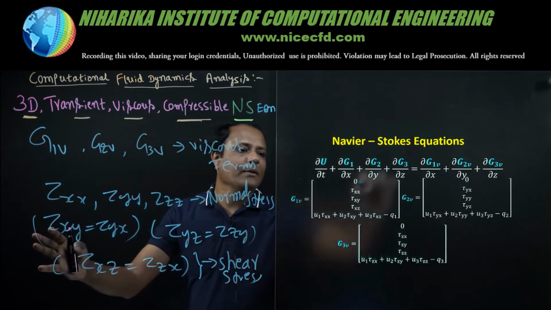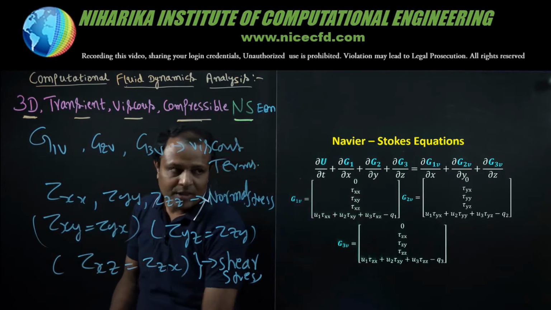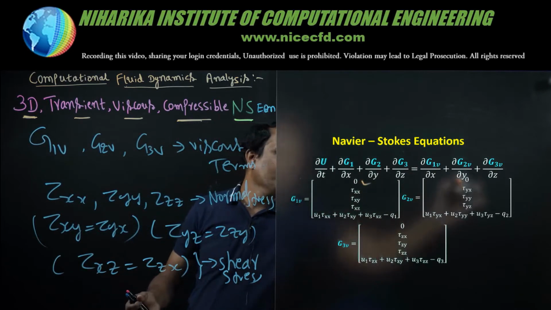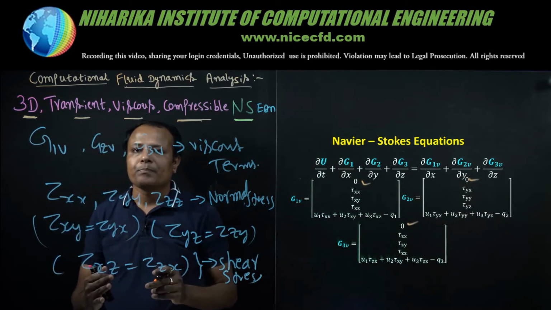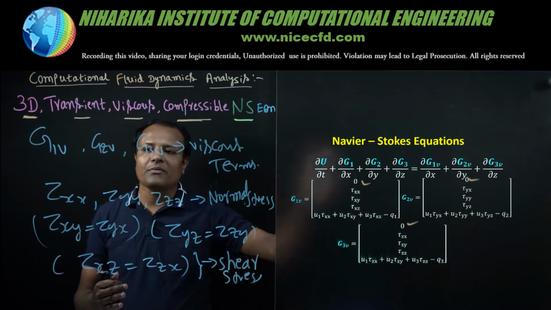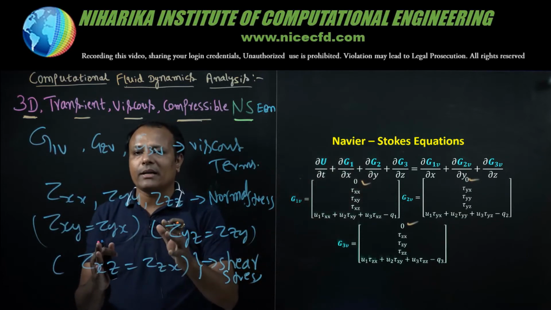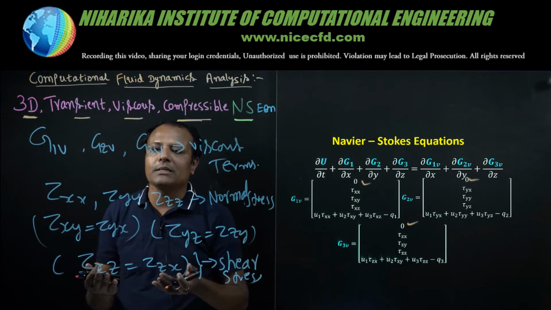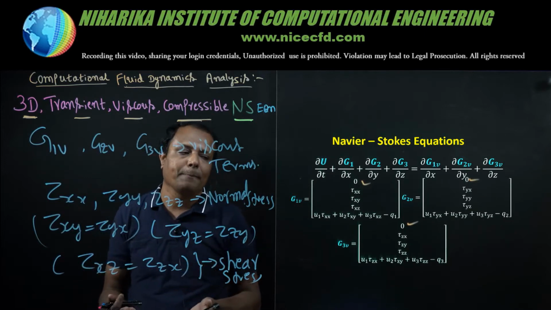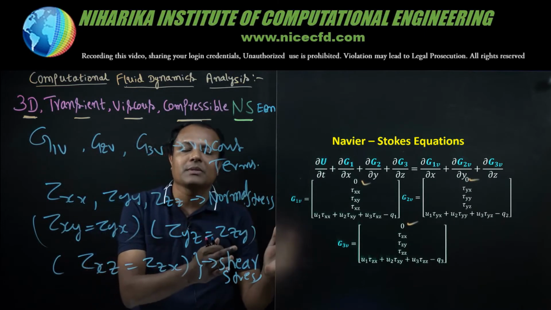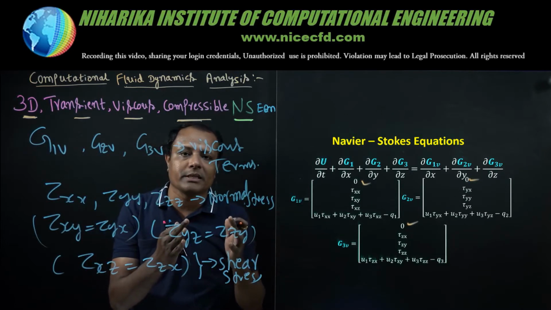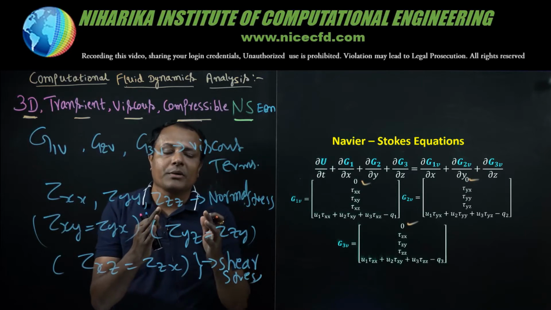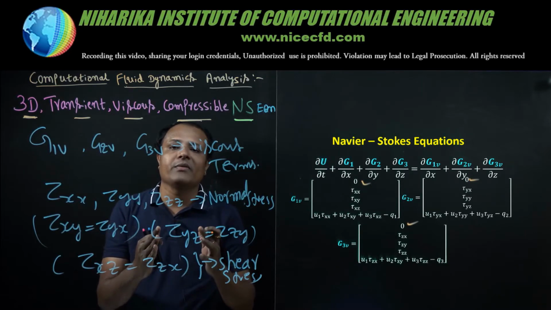You can see here the first term in G1V, G2V and G3V is 0. Why? If I substitute the first element of all the matrices, what will I get? Mass conservation or continuity equation. So the entire right hand side of the Navier-Stokes equation is 0 for the mass conservation equation, because you recollect what we discussed in the first session where we explained the conservation of mass principle.